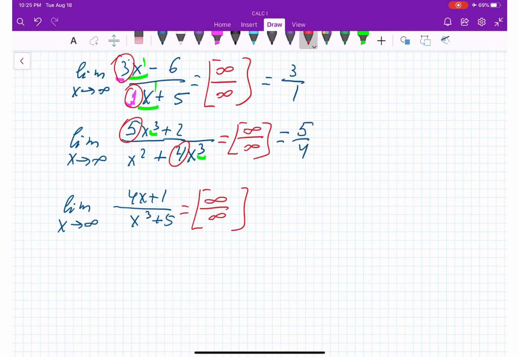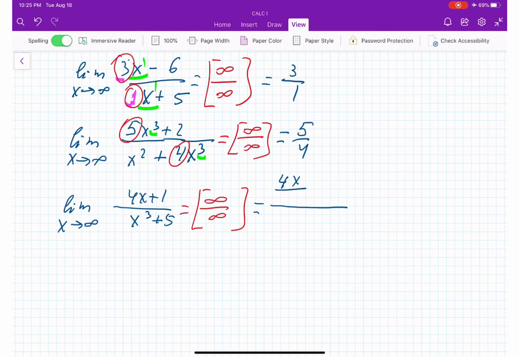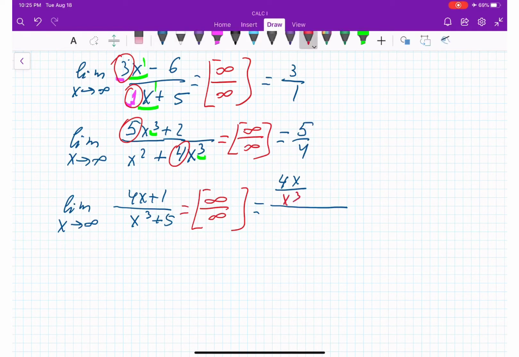So how are we solving? Again, we divide by the highest degree. What is going to be the highest degree? x cubed, correct? So I'm dividing the entire fraction by x cubed, because x cubed is the highest one. In the numerator I have 4x over x cubed plus 1 over x cubed, and in the denominator I have x cubed divided by x cubed, plus 5 over x cubed.